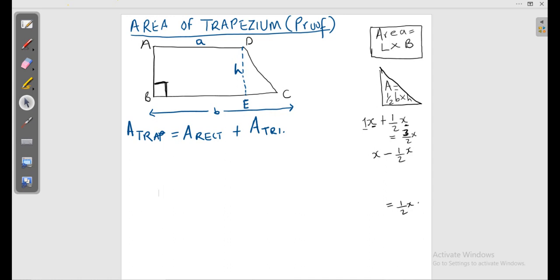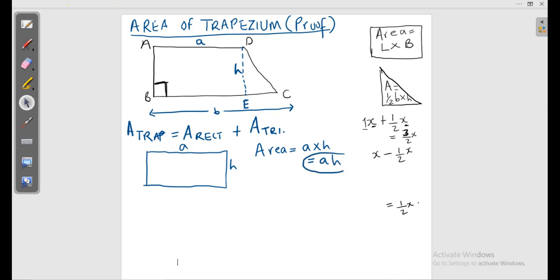I start with the rectangle, where this side is a and this side is h. The area of this rectangle will give me a times h, which is equal to ah. Take note of that.